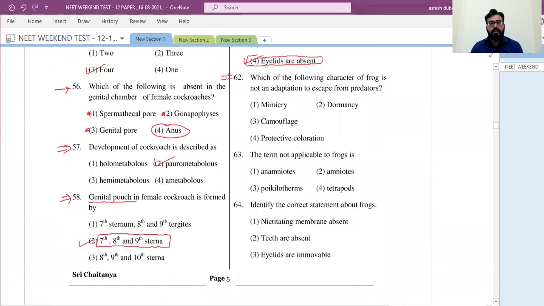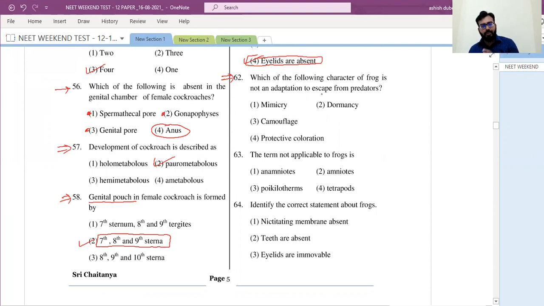Next question is 62nd. Which of the following characters of frog is not an adaptation to escape from predators? See, dormancy is the state where the metabolism slows down and the organism is not so active, like hibernation and estivation.